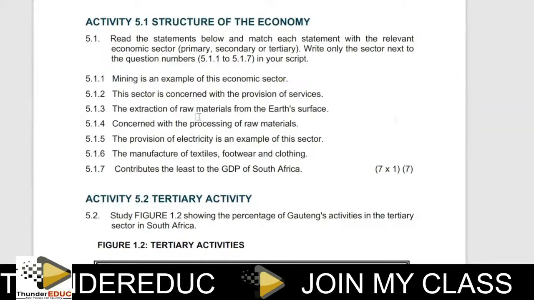The moment they talk about processing of raw material, automatically that is secondary sector. Okay. Provision of electricity is an example of which sector? Is still secondary sector. The manufacture of textile, footwear, and clothing, which sector is that? Secondary sector. Which contributes the least to the GDP of the South African economy? That is the primary sector.